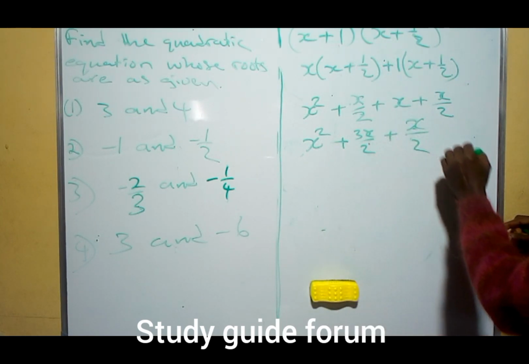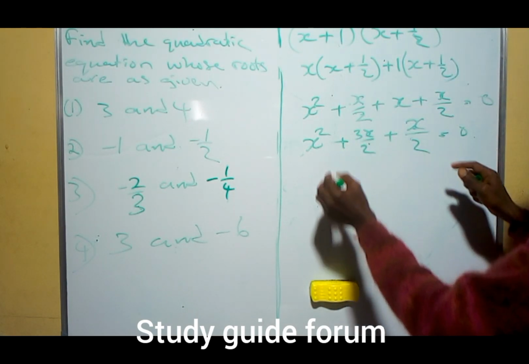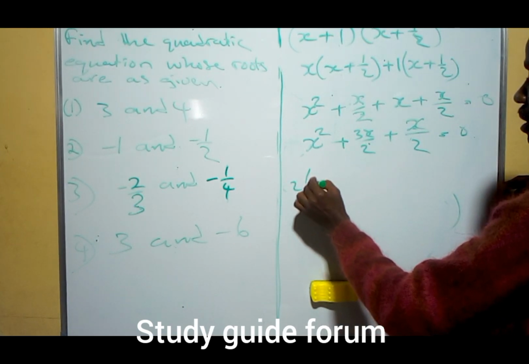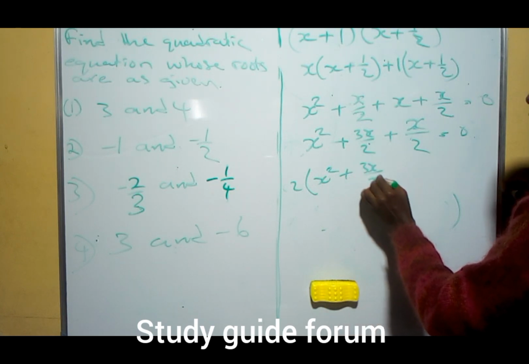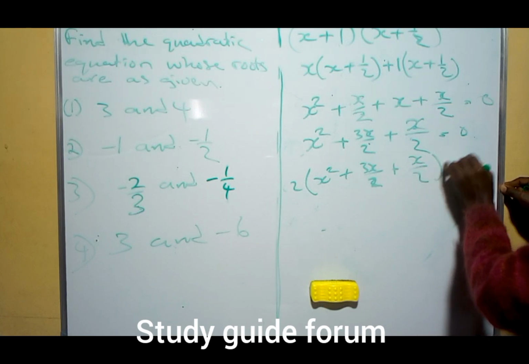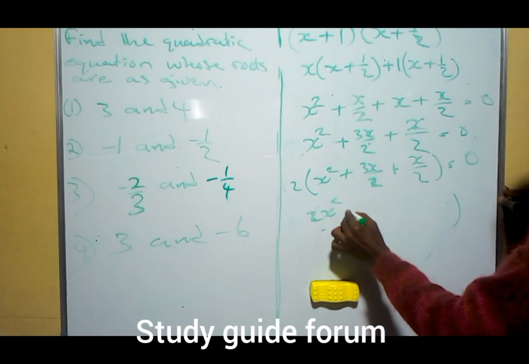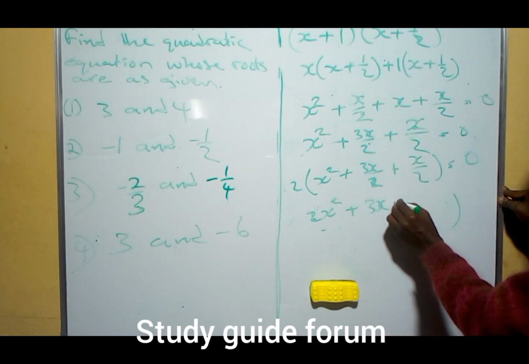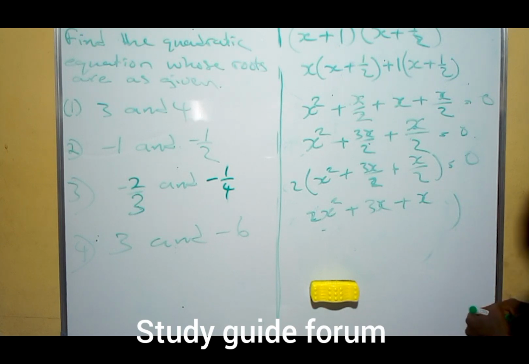So in this case to equal to 0, to get the quadratic equation, multiply all through by 2. So 2 multiplying this, you have 2x squared plus 2 multiply this, you have 3x, and 2 multiply that, we have x. Is that x?